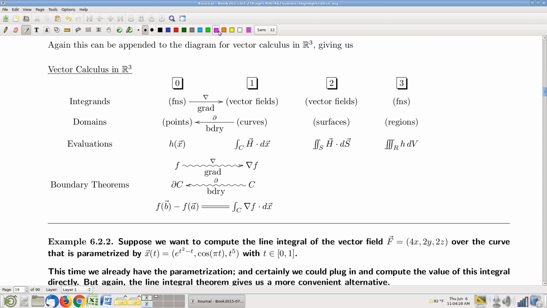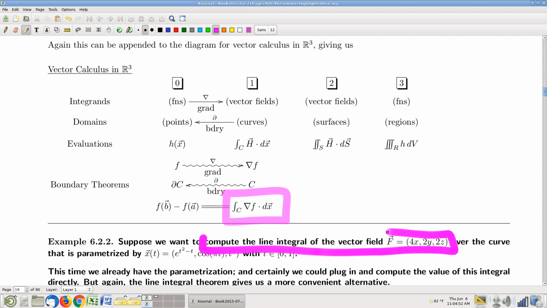Hopefully it comes as no surprise. We're going to use this theorem right here that we just came up with. Notice that this theorem says you can compute a line integral with a formula. How's that for nice, right? Hey, sweet, can we use it? Wait a second. Now, this isn't just any random line integral. We're interested in computing a line integral of this thing called f.